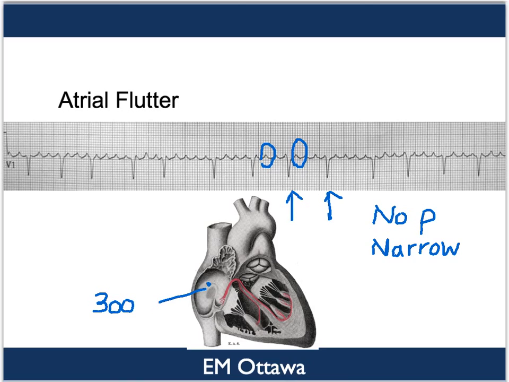For example, in the beginning of the rhythm strip, the QRS only happens every third sawtooth wave. And then here, the AV node only lets every fourth beat come through, and therefore it could also be irregular if there are multiple levels of block in atrial flutter.